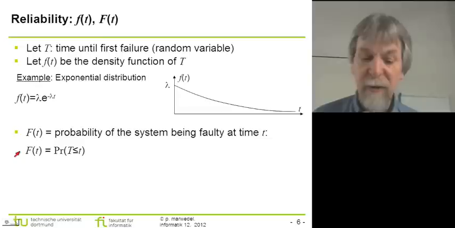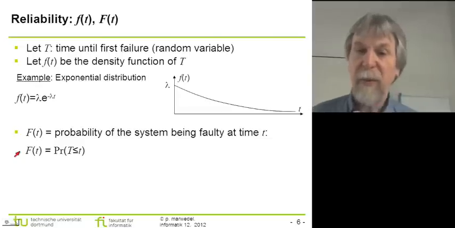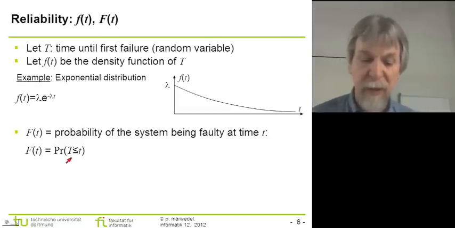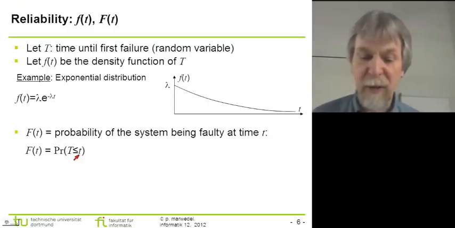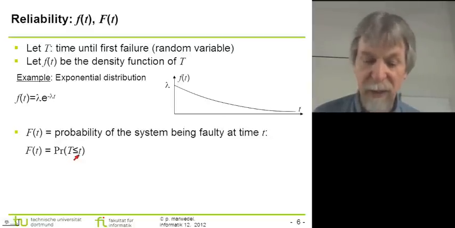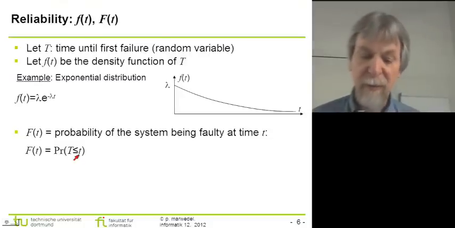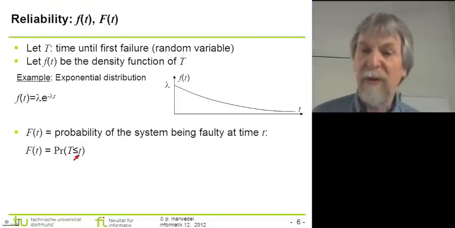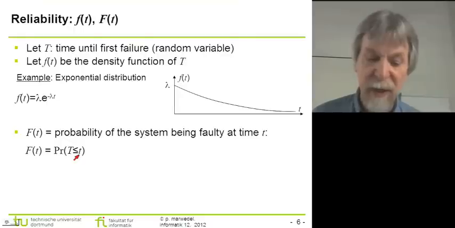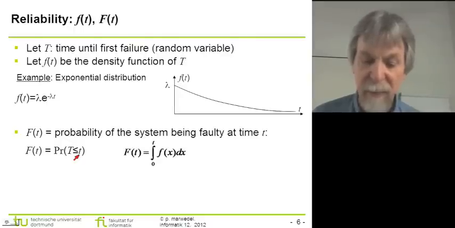That means this is the probability of the random variable capital T to have a value of less than or equal to lowercase t. That means that the first failure, more precisely, happens no later than at time lowercase t.